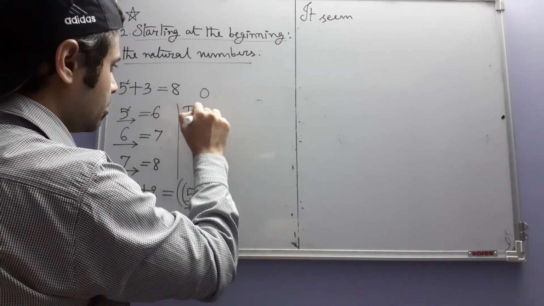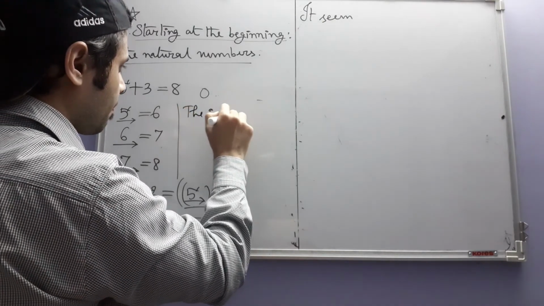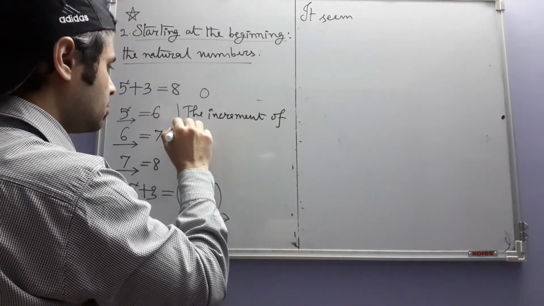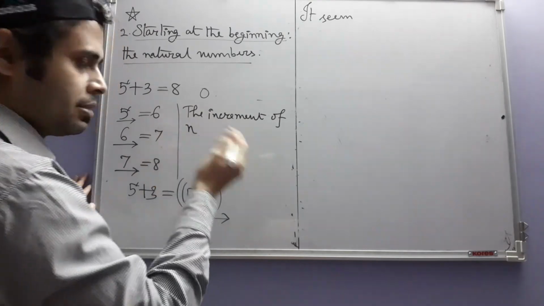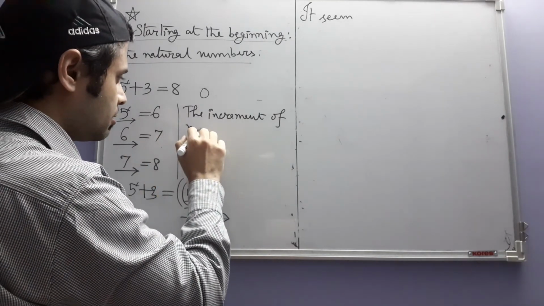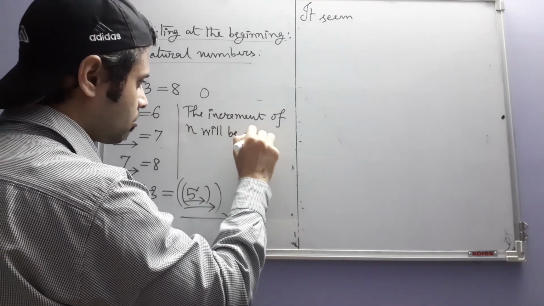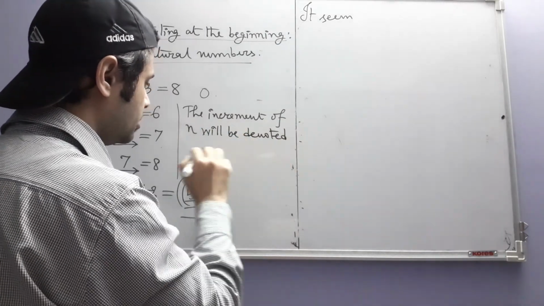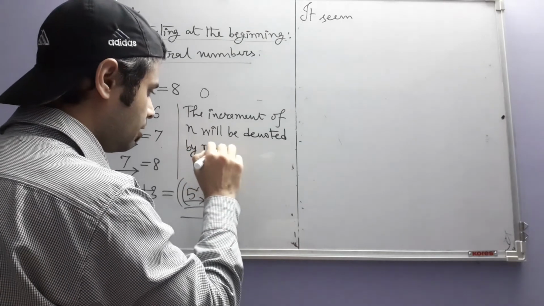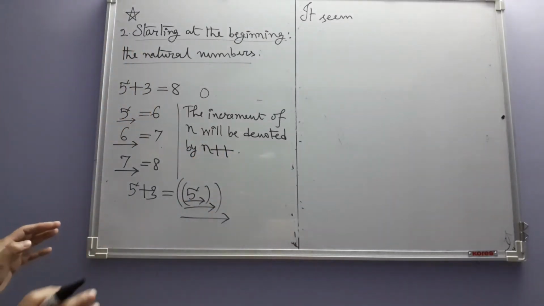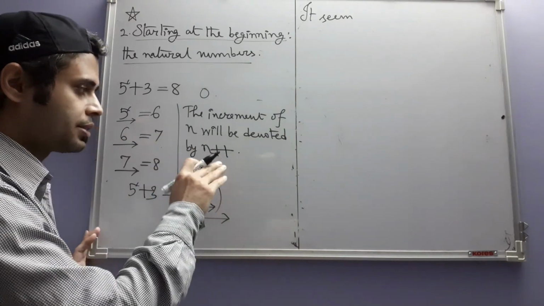The increment of n, a natural number, will be denoted by n plus plus. This is just a notation. This simply means that it's the next one.